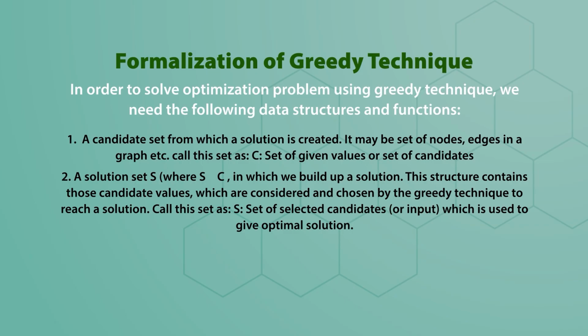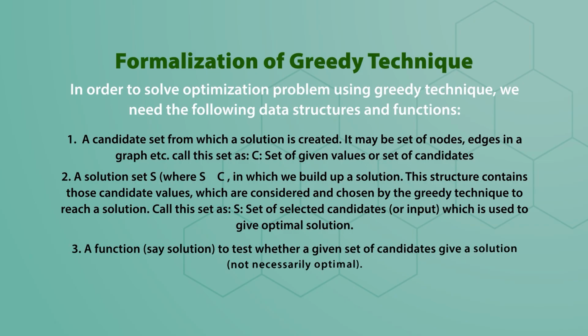So again, take the input x and check whether it can be included in the solution set. If it satisfies those conditions, then you can include it in a partial set that can lead to an optimal solution. So the second step is the set of selected candidates, which is used to give an optimal solution.